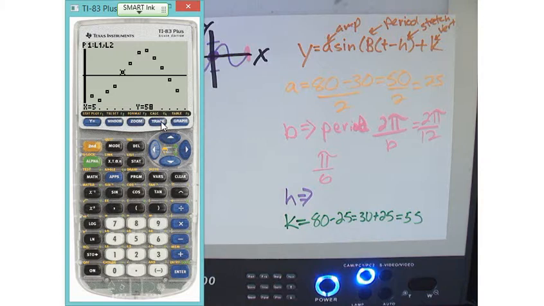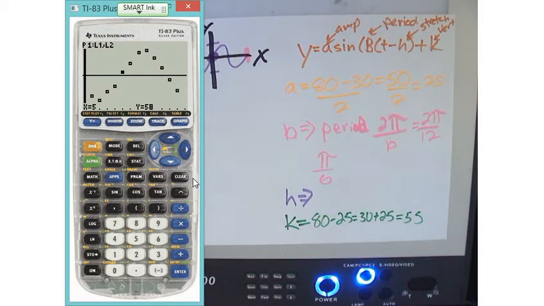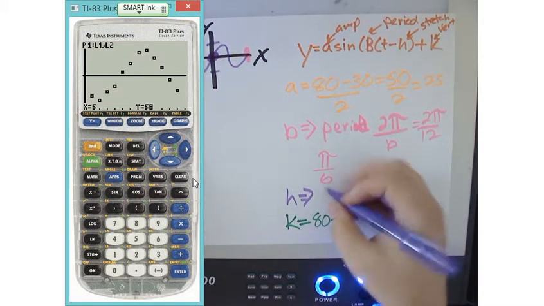Do you guys agree with that? So if I took this point and shifted it over 5 units, it would look like sine, wouldn't it? I'm starting with the original sine, but I'm shifting it over 5 units. So h equals 5. All right, we're doing good so far.